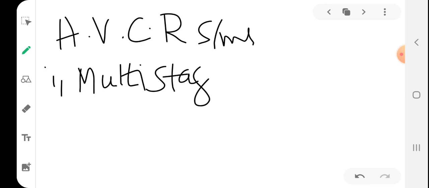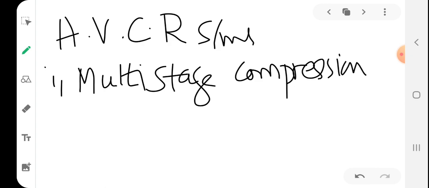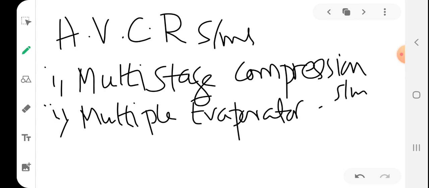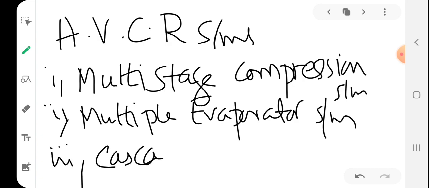The second one is the multiple evaporator system. And the third one is the cascade system. You will be learning all these three different types deeply in the upcoming sessions.